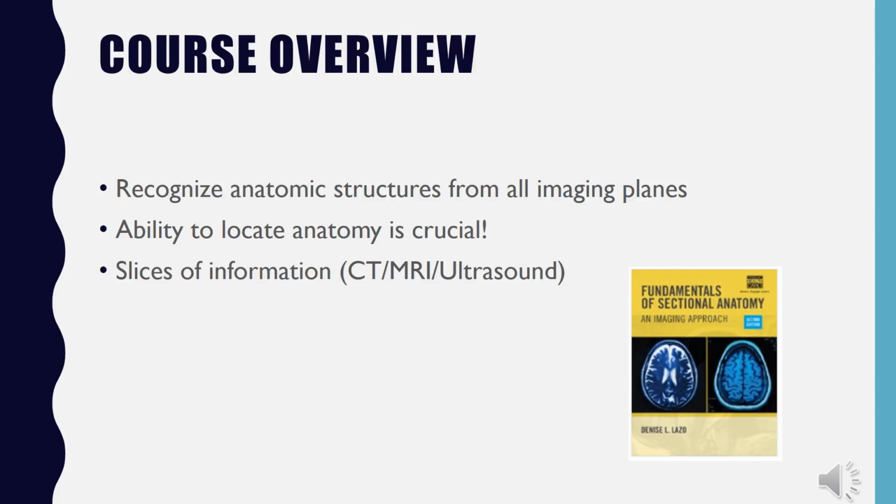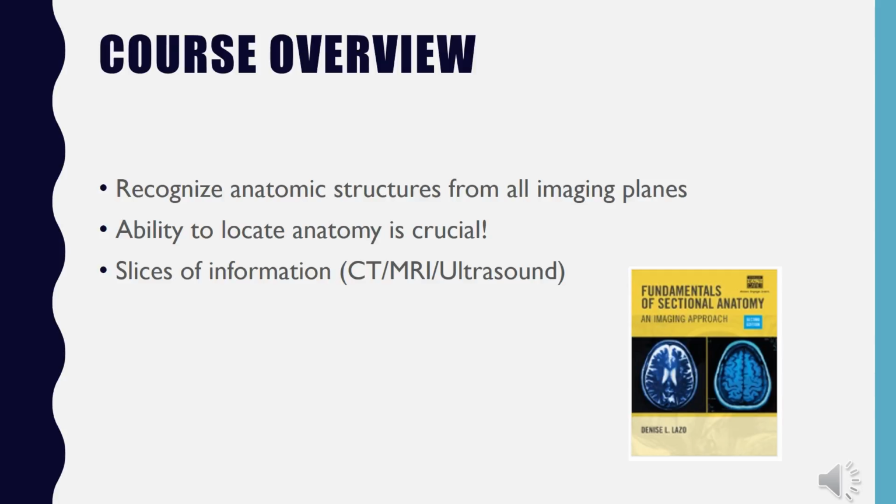We have to know and be able to locate pathology and anatomy from all angles as an imaging technologist, whether that's CT, MRI, ultrasound, X-ray, nuclear medicine, you name it, we need to know our cross-sectional anatomy. MRI, CT, and ultrasound obtain slices of information.